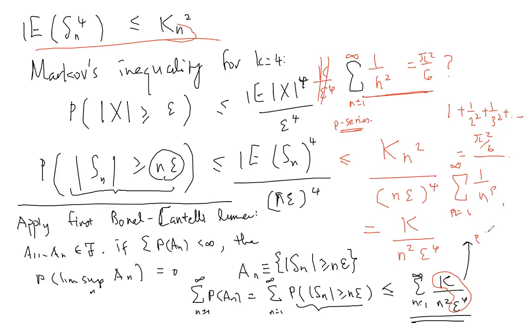You know that if p is 1, it's the harmonic series, so if p is 1, this series will diverge. And for p larger than 1, it will converge. So it's an important result in calculus.